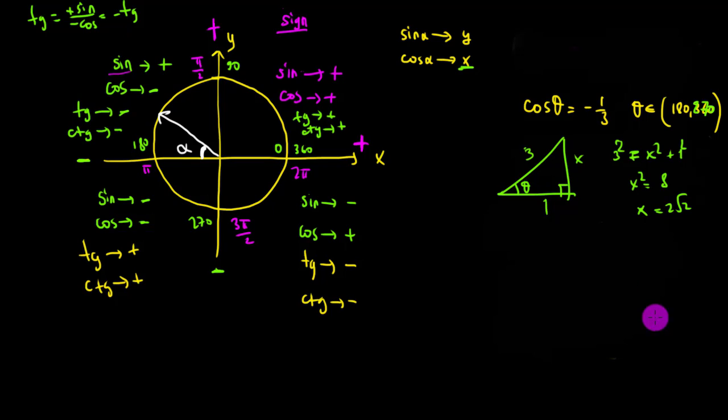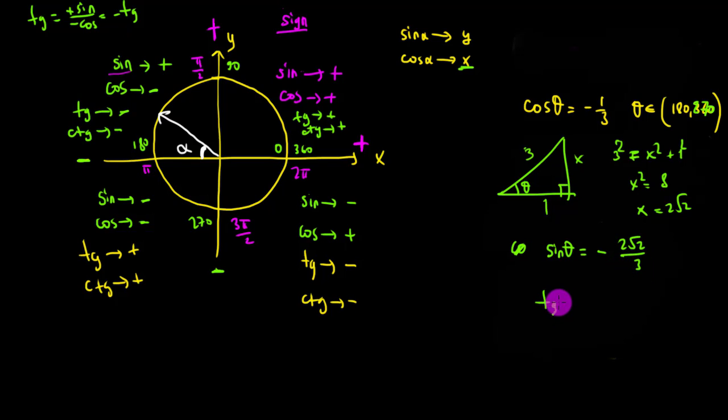So what is sine theta? If you look here in the third quadrant, the sign is minus. So that's why it will be minus opposite over hypotenuse, 2 root 2 over 3.